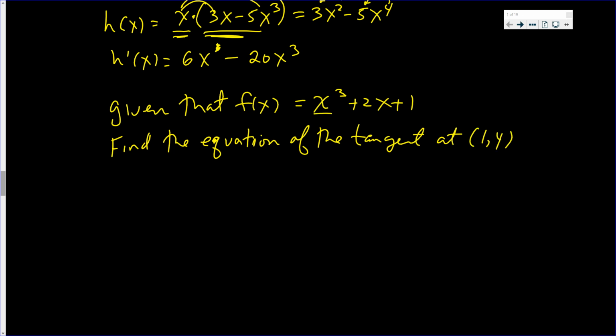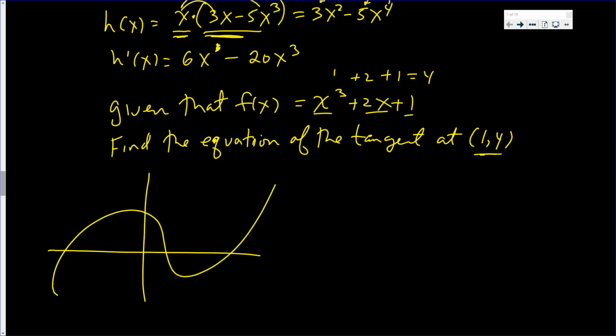Notice that 1 cubed is 1, 2 times 1 is 2, and 1 is 1. So, yeah, 1, 4. So, what is going on is we have some graph. I don't care what it looks like. But when x is 1, I want the equation of this tangent line.